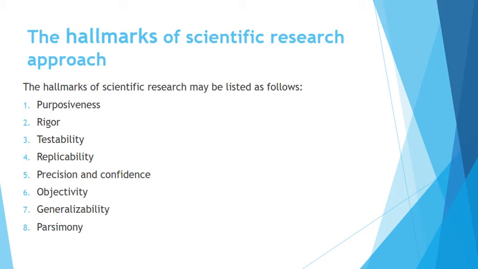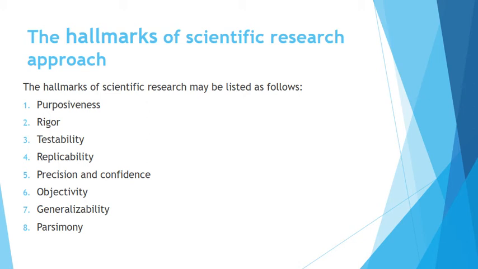The hallmarks of the scientific research approach. My dear students, first of all, we are going to discuss the hallmarks of scientific research, which are based on the following steps.